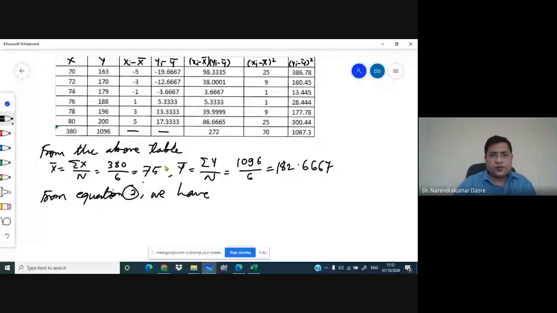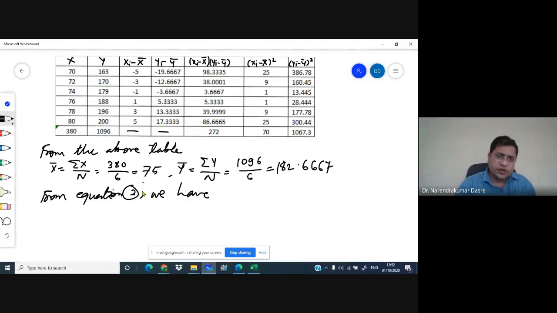So what can we write here? We can write, from equation 2, because first we have to find out... Sir, can you present your screen? Okay. So we have calculated this table, and now first we have to calculate the regression coefficient for y on x.